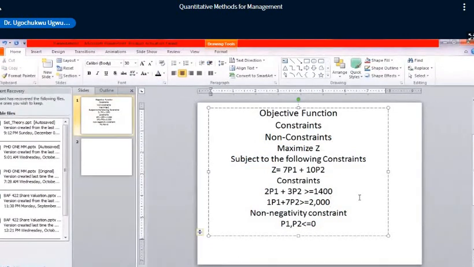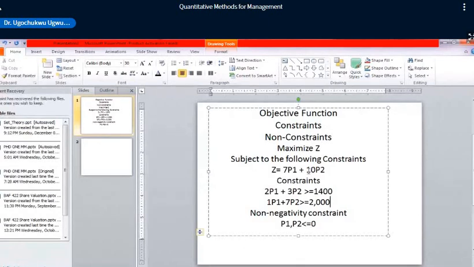Now, for this objective function, where you have Z equals 7P1 plus 10P2, let us say P1 will be the quantity you must produce for P1, and P2 will be the quantity you must produce for P2. The price you already know.